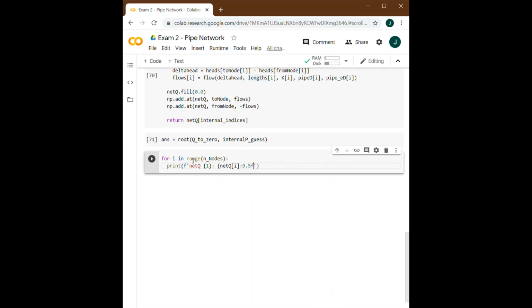All these things we're doing are just formatting so that we can read it. For example, the 9 means we want 9 spaces in total, and the 5 means we're going to round to the 5th decimal point.